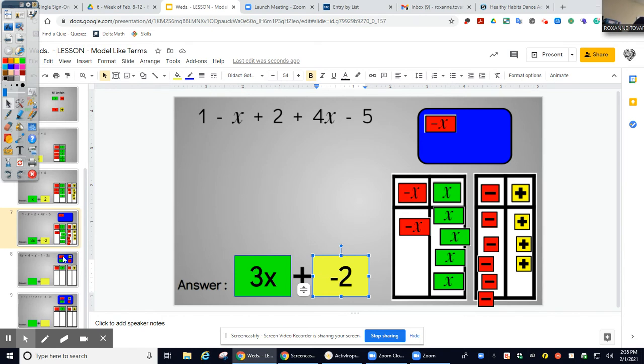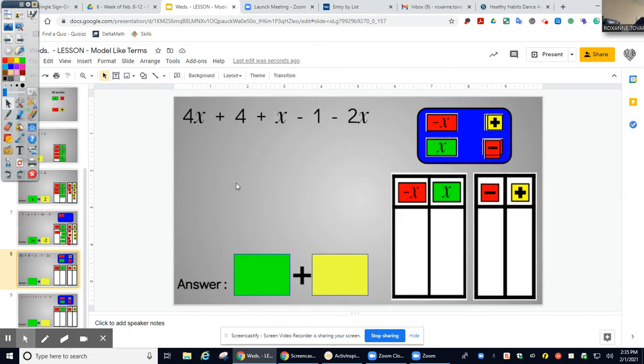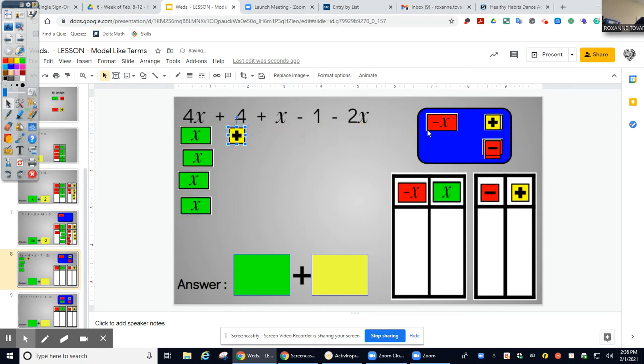Okay, let's try another one. Okay, here I'm going to model what I see. I see 4 x's and they're positive, so I'm going to put 4 x's. I see 4 on just regular old positive numbers. I'm going to model 4 positive numbers.